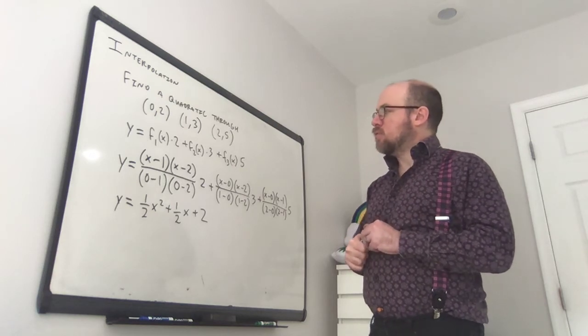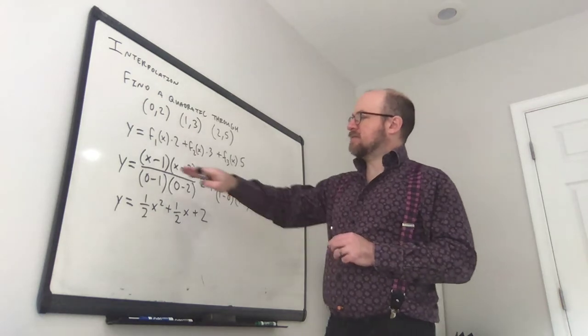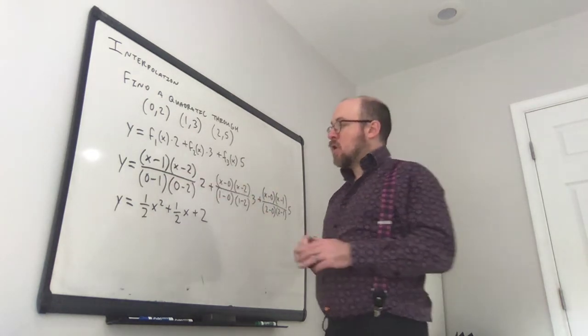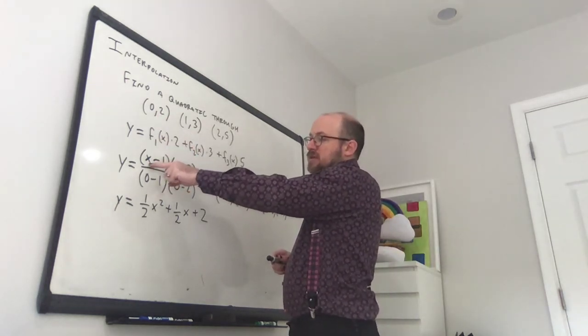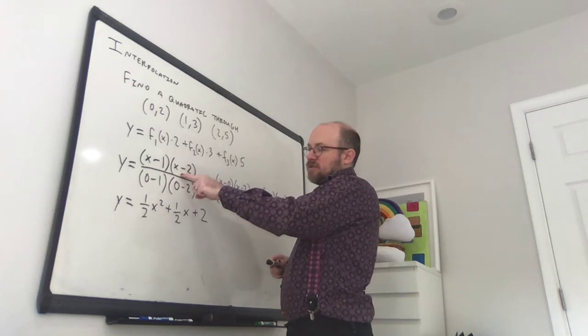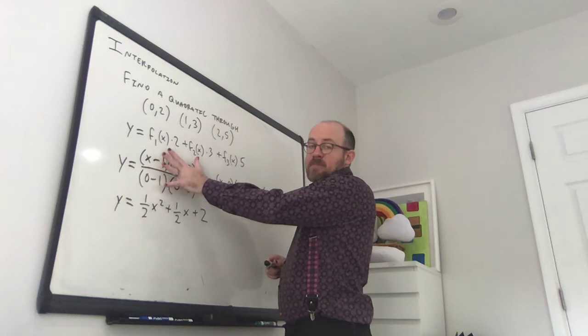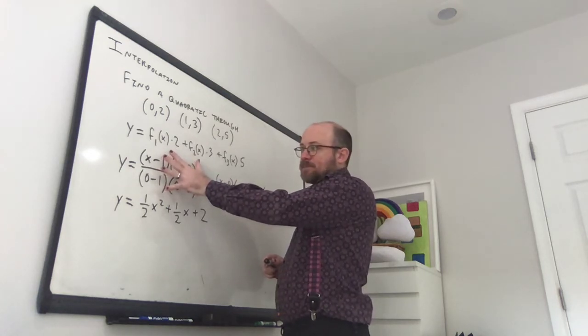So if you look at this, what's going to happen if you plug in x equals 0 to this unsimplified polynomial? Well, if you plug in x equals 0 to this first term, you get (0 minus 1)(0 minus 2) over (0 minus 1)(0 minus 2). This whole thing becomes a constant 1. Okay?